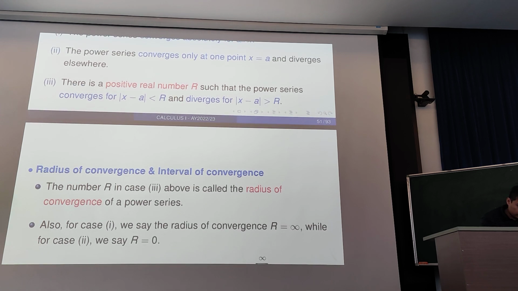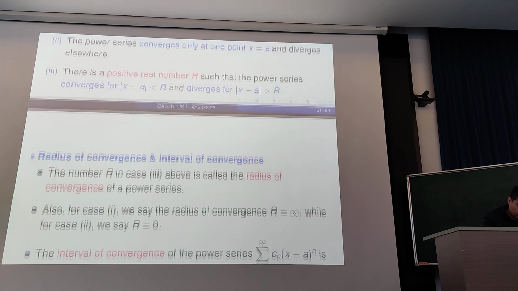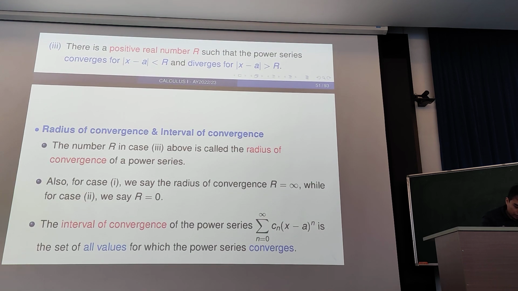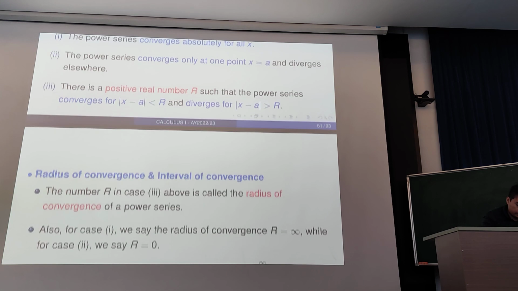With this definition, you can see the first case and the second case are special cases. For the first case, the radius is infinity, because we have convergence for all x, so the radius of convergence is infinity.